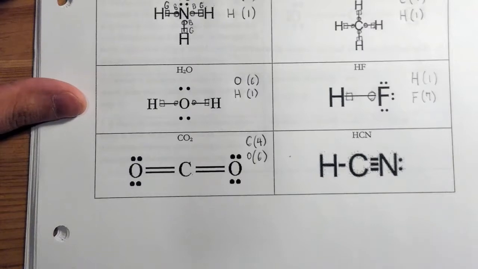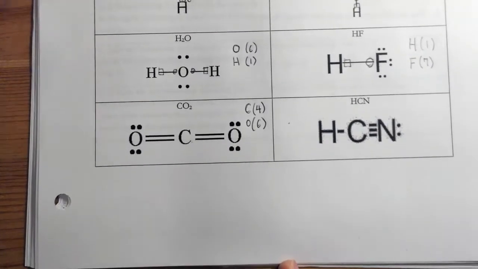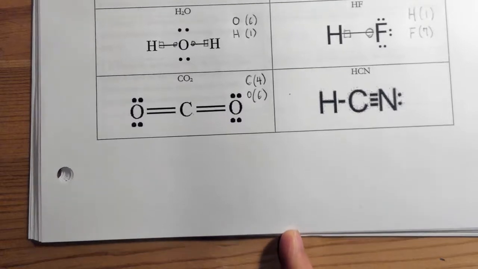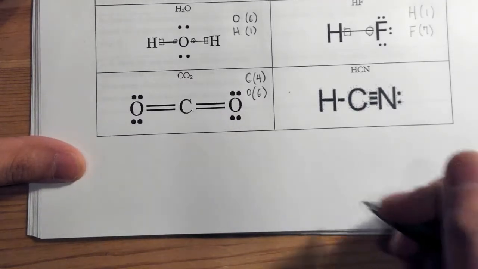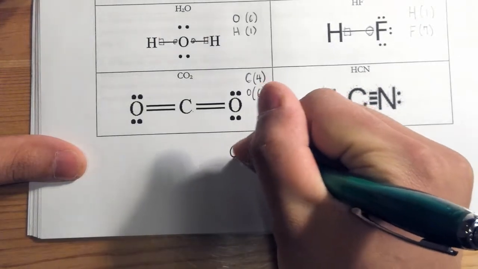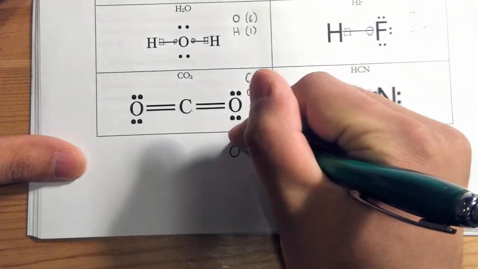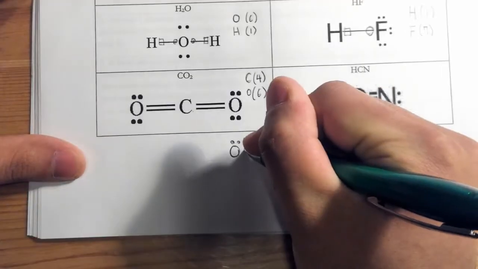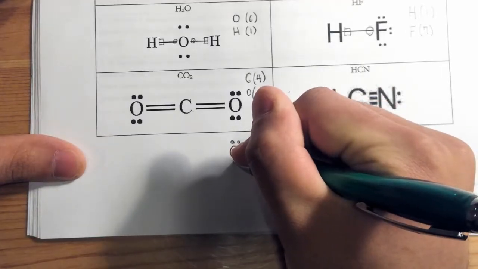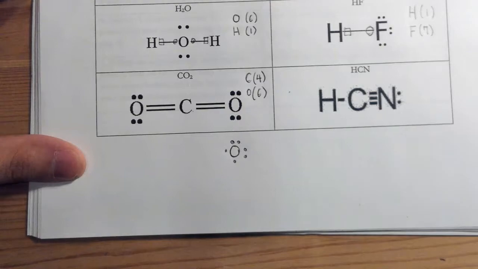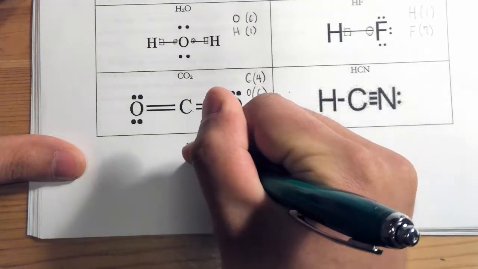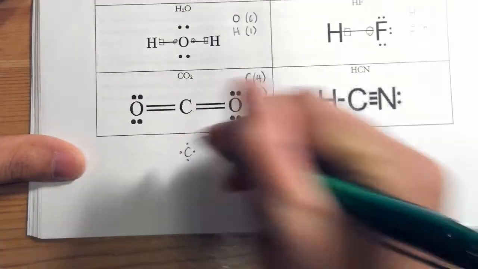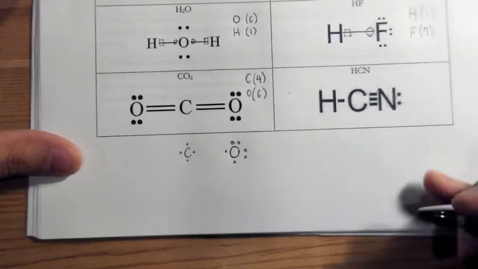Alright, so I'm going to actually redraw this so that it can help you guys understand more why there's a double bond and how this actually occurred. So I'm going to draw an oxygen with 1, 2, 3, 4, 5, 6 valence electrons. Right? Next, I'm going to draw a carbon with 1, 2, 3, 4 valence electrons of carbon.